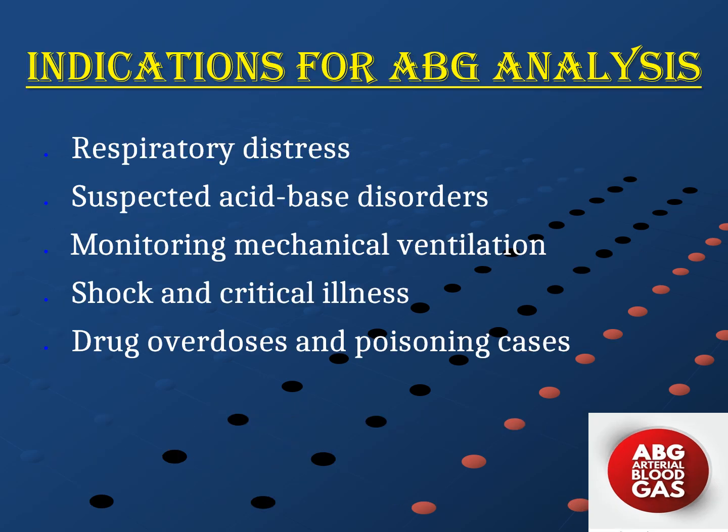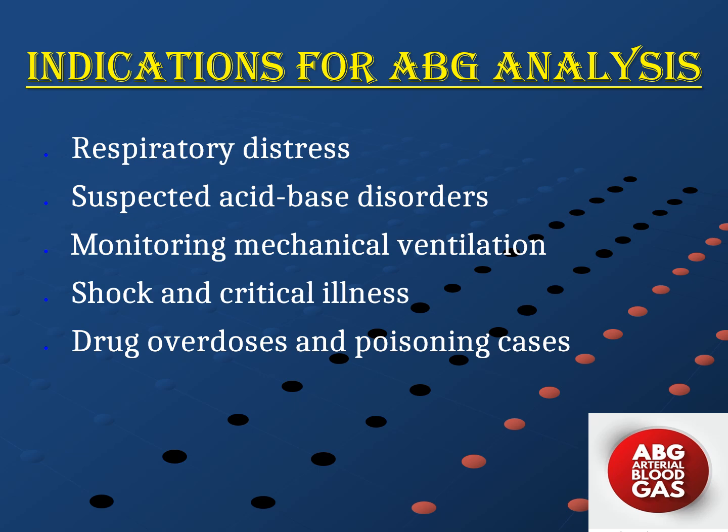Indications for ABG analysis: respiratory distress, suspected acid-base disorders, monitoring mechanical ventilation, shock and critical illness, drug overdoses and poisoning cases. ABG analysis is indicated in these situations because it helps 1. Assess breathing problems, respiratory distress. 2.